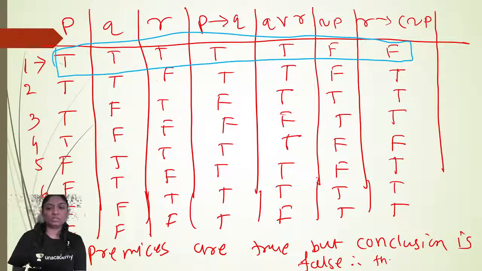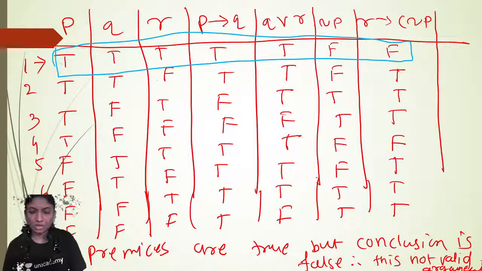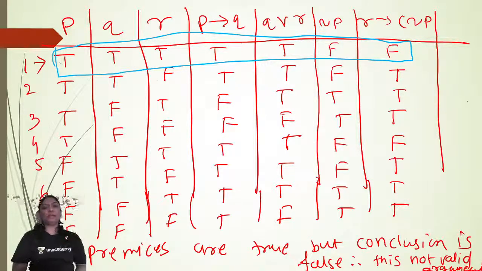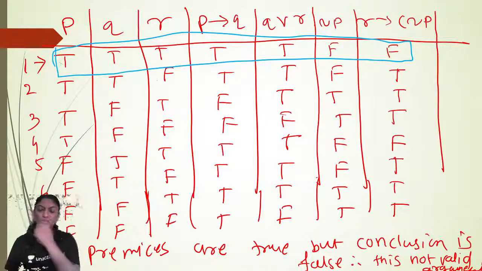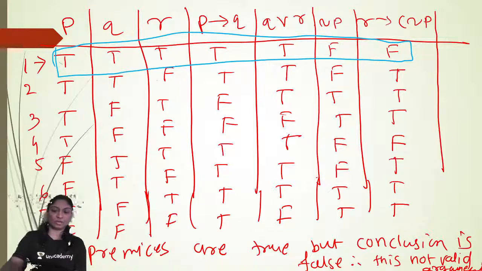Therefore, this is not a valid argument, because all the premises are true and the conclusion is false, which is an invalid argument.